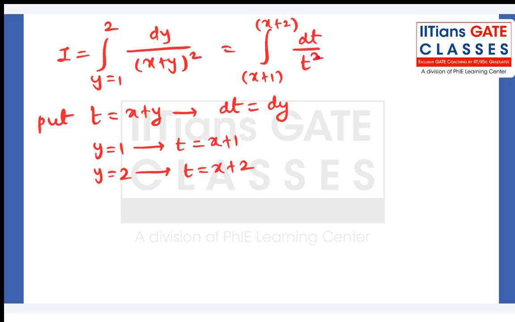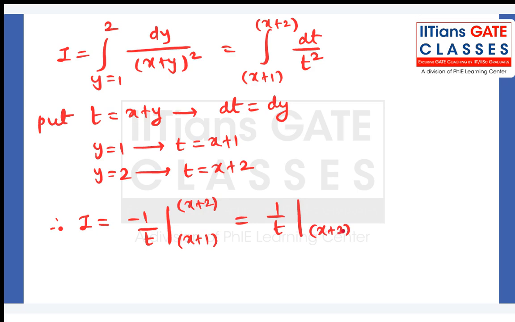So the integration will be t power minus 1 by minus 1, so essentially you'll have minus 1 by t going from x plus 1 to x plus 2. Just to get rid of that minus sign, we can reverse the limits, so it will be 1 by t from x plus 2 to x plus 1. Therefore your I will be 1 by x plus 1 minus 1 by x plus 2. So that is half of the question.